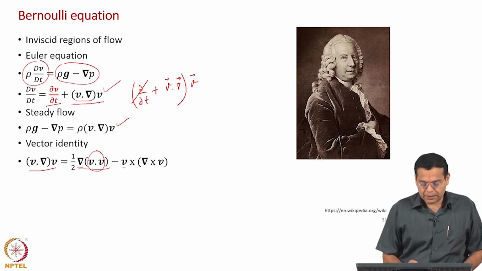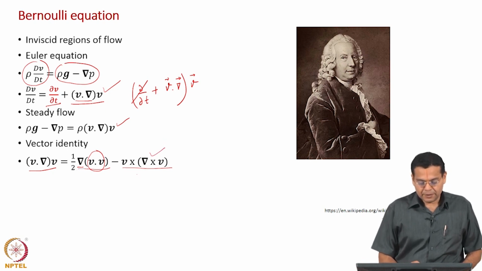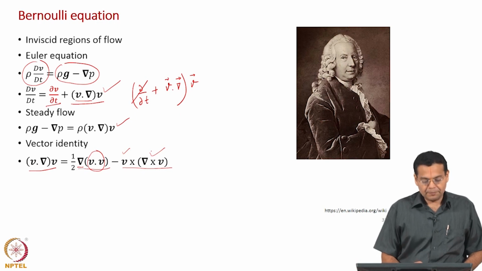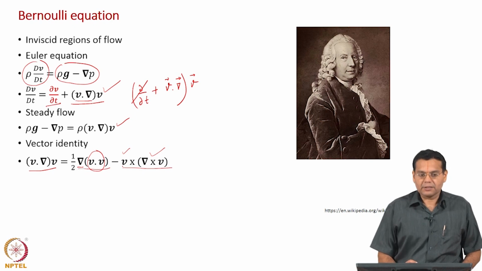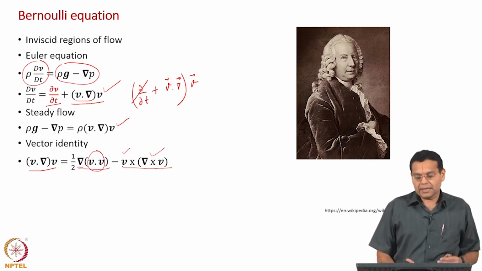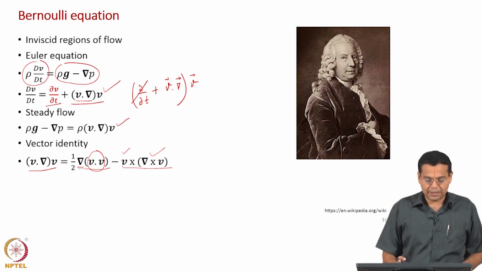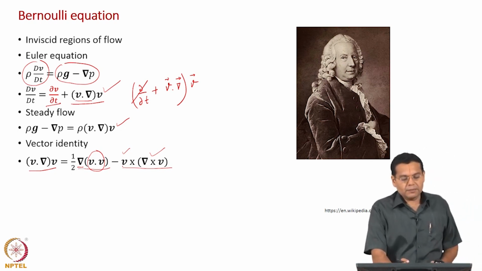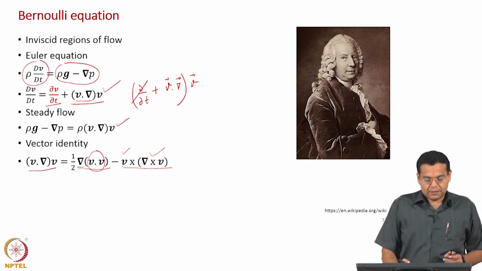Now, coming to this term, we have del cross v, which is a vector, and once again v cross this vector gives you another vector. So, all the terms in this vector identity are vectors. Obviously, a vector identity cannot have one term as scalar, other term as vector, all of them should be of the same type. So, all the terms here are in terms of vector.